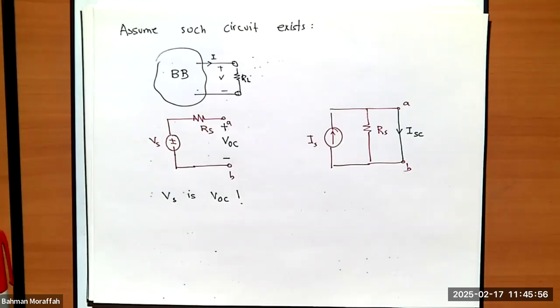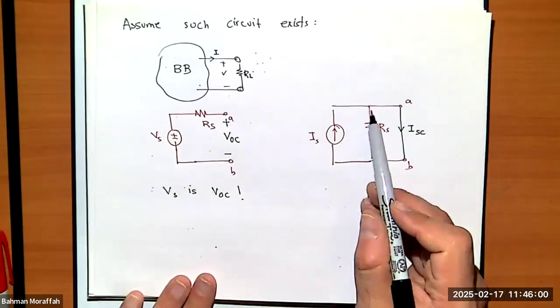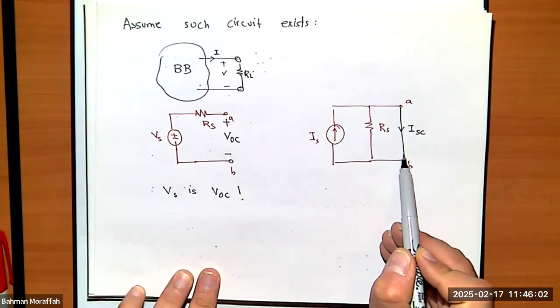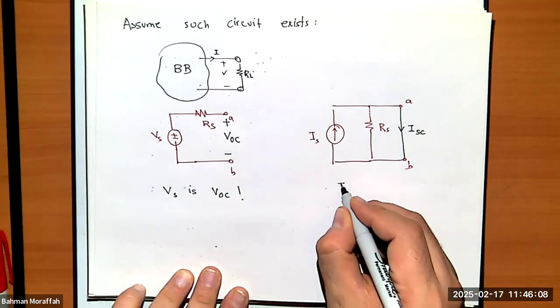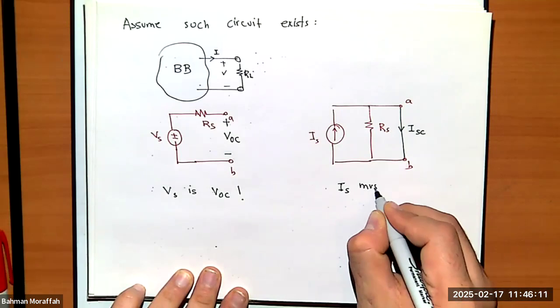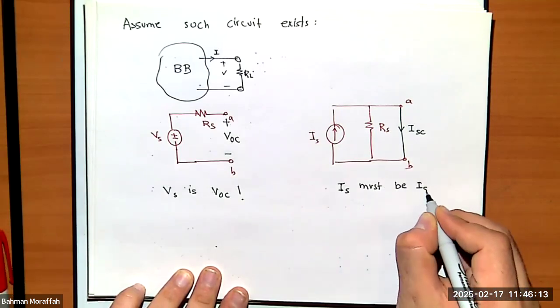Current always takes the path with the least resistance. So instead of going through this Rs, it's just going to go through this wire over here entirely. So Is must be I short circuit.